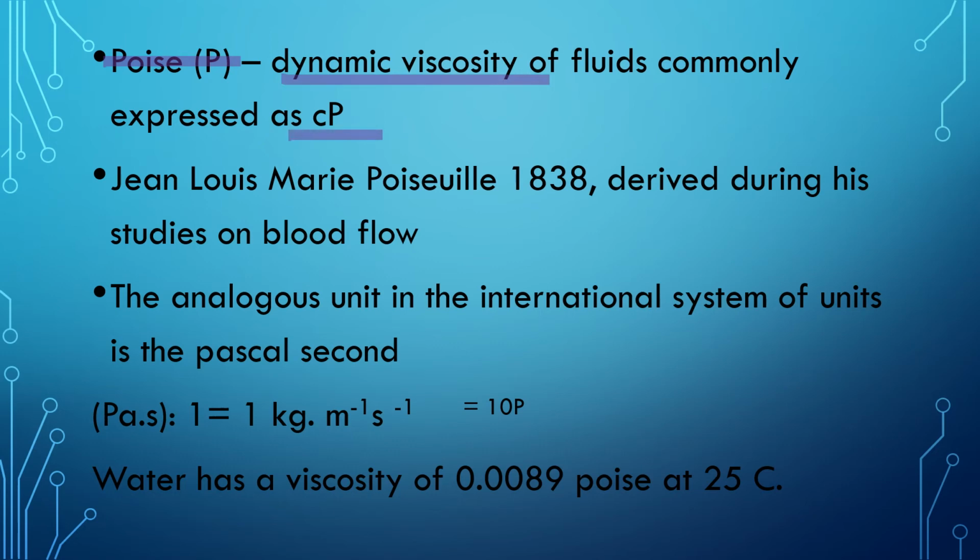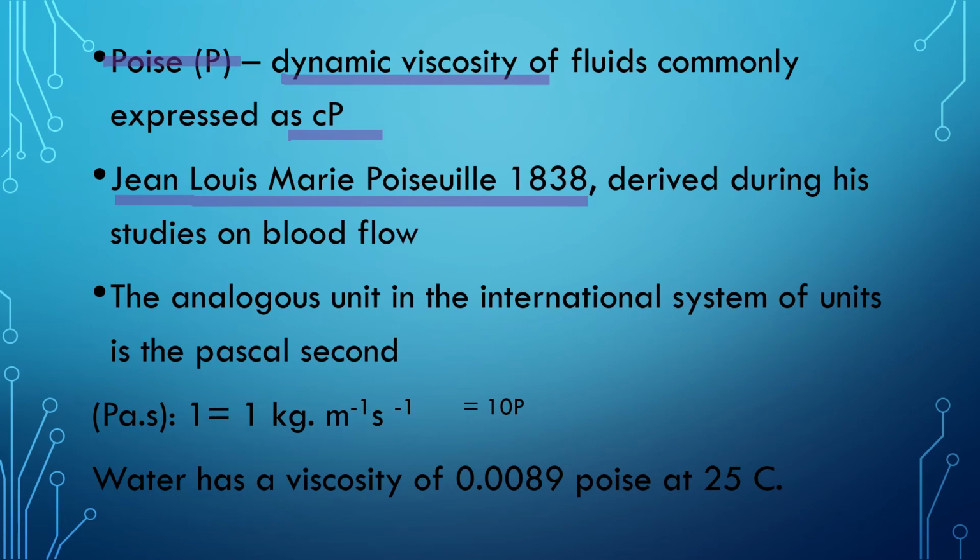So, yun yung centipoise, small c and capital P. The person behind this one is Jean-Louis Marie Poiseuille in the year 1838. Actually, he discovered it while he was having his study in blood flow. Napansin niya, it is not the same as water. So, that's the reason nagkaroon siya.